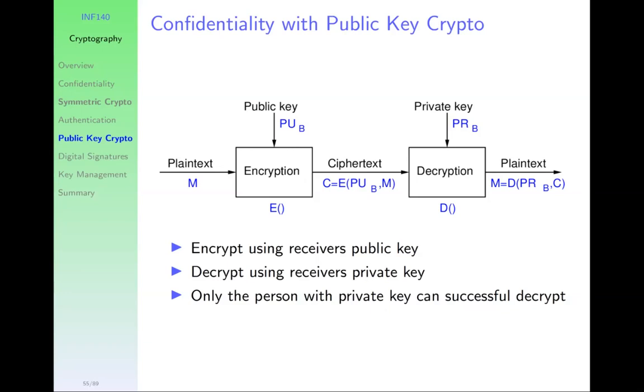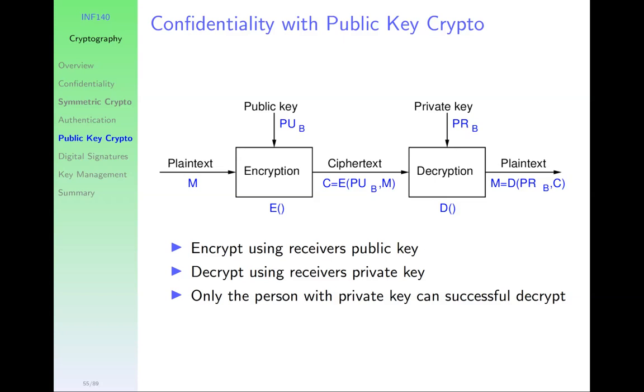Alice uses Bob's public key to encrypt this plain text with an encryption algorithm. Then the ciphertext is sent to Bob, and Bob uses his private key and a decryption algorithm to operate on this ciphertext.